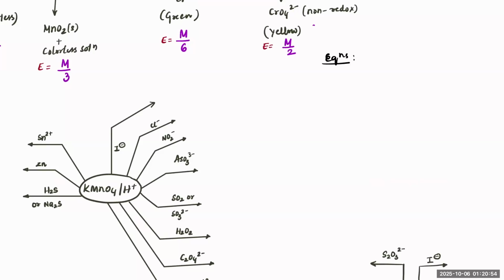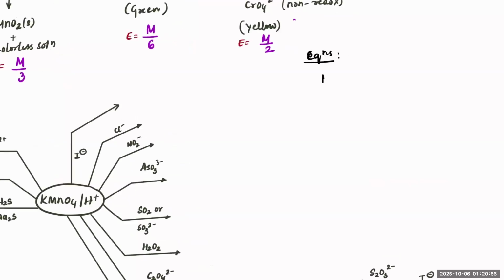First one is manganese: MnO4 minus plus 5 electrons plus 8H plus converts into Mn2 plus plus 4H2O. The reduction potential for this is 1.51 volts. This is called the reduction potential.